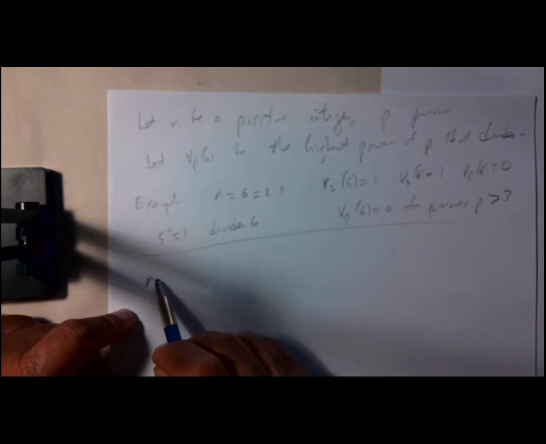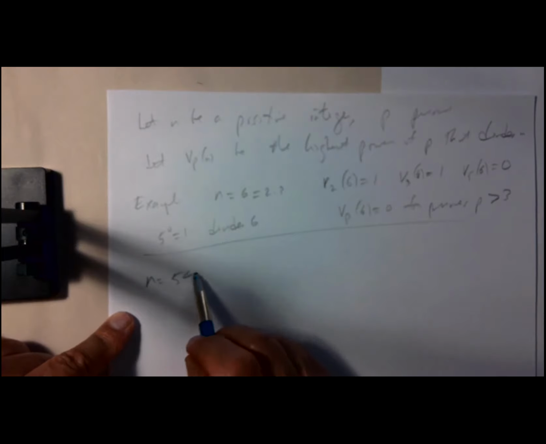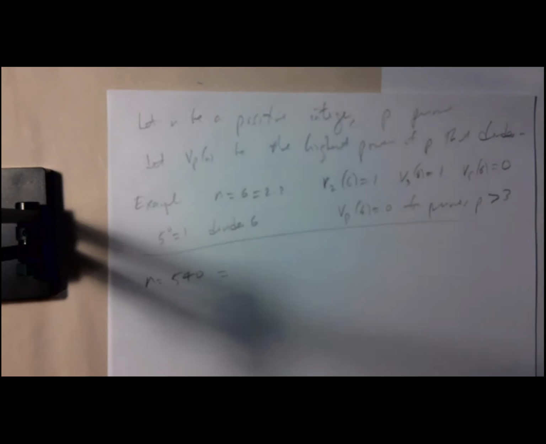Let's take another example. Suppose 540, that's a nice number. Factor 540, write 540 as a product of primes, and let me know what you get.